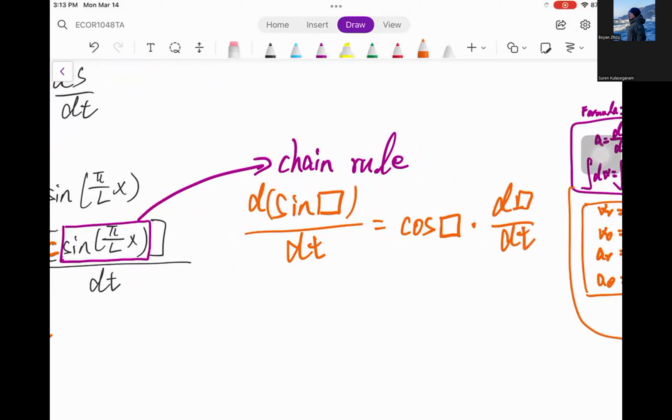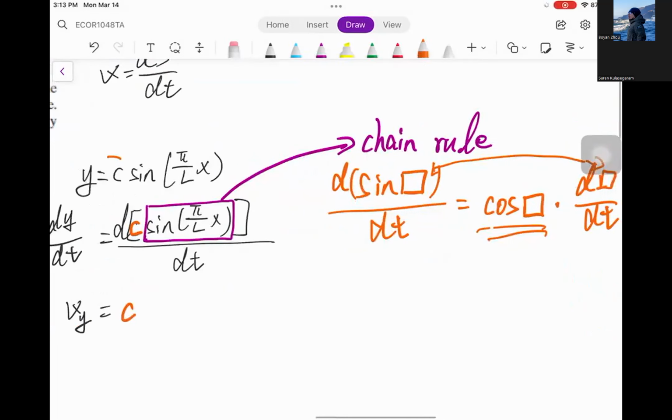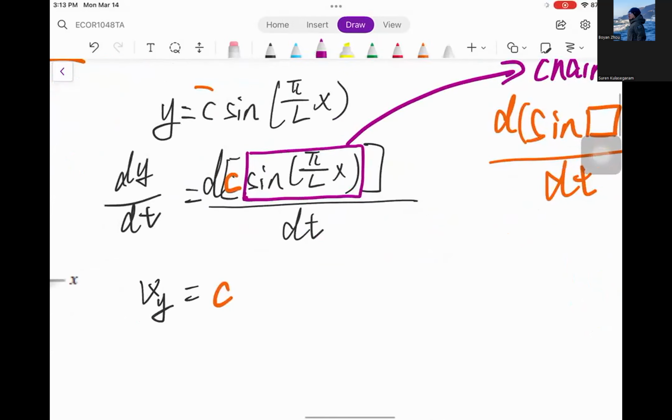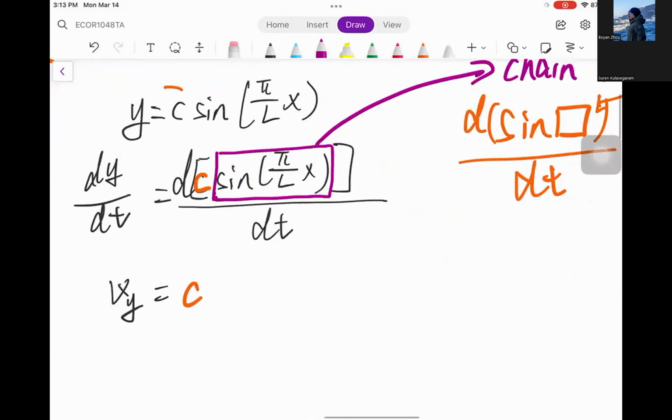Because the derivative of sine is cosine, and we need to multiply by the derivative of whatever is inside the box. So back to our equation. C is a constant, so it's outside now, and in sine box, the box here is pi over L times X.